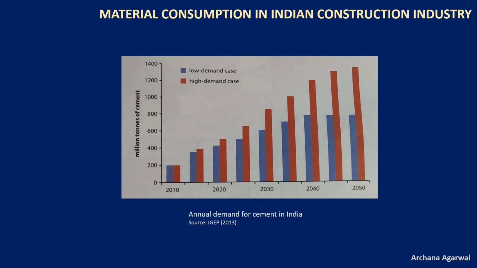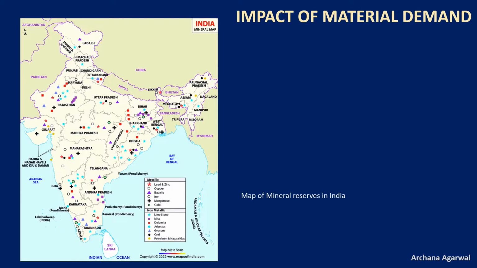It is predicted that with the current trend of consumption, the reserves of limestone may be exhausted by 2028 in the high demand case and by 2031 in the low demand case. India meets most of its material requirements domestically. An increase in domestic resource extraction is likely to happen with the increase in projected demand.